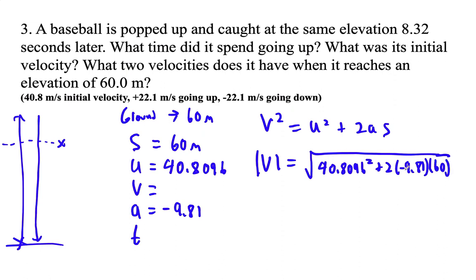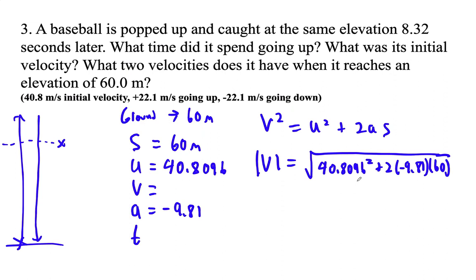Notice the 60 is positive, the 9.81 is negative. That's going to make the value of this square root less than 40.8096. So let's do this. Square root of, I'm hitting the up arrow to grab that 40.8096 because I'm too lazy to type it in. And then I hit squared, and I go plus 2 times negative 9.81 times 60.